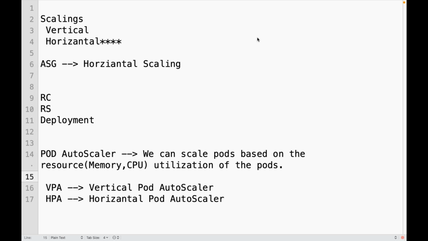If your container is running out of CPU or memory, container is nothing but a process. Forget about container or server: if any process is running out of CPU, what happens? If it is running out of memory, what happens?